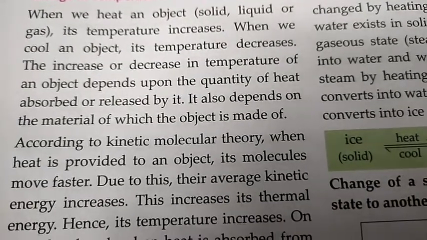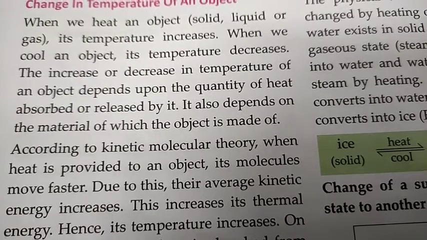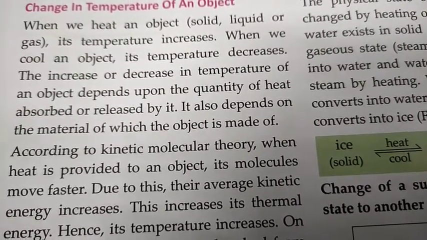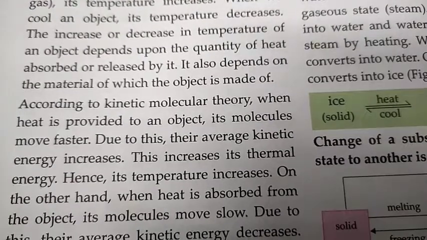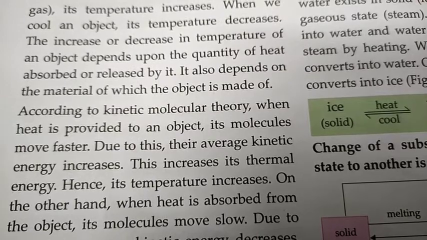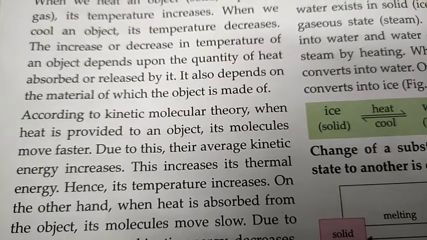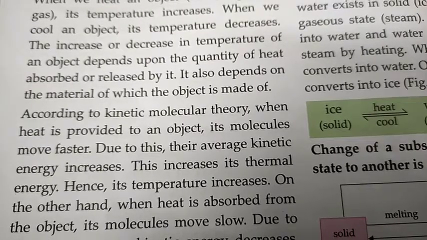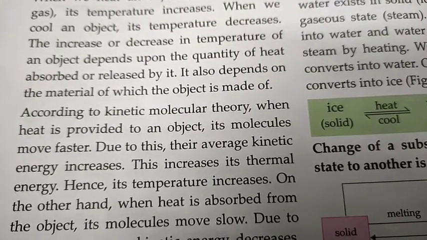Now we have to know how this increase or decrease in temperature affects the movement of molecules. According to kinetic molecular theory, when heat is provided to an object, its molecules move faster, due to which their average kinetic energy increases and their temperature also increases.